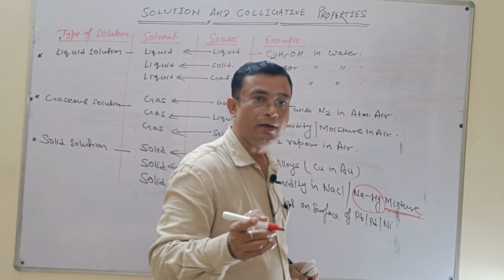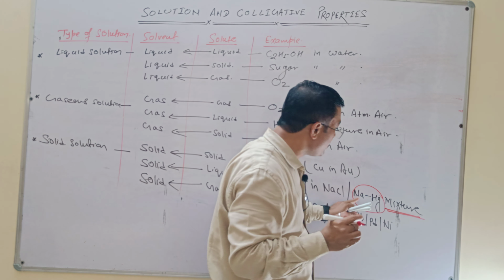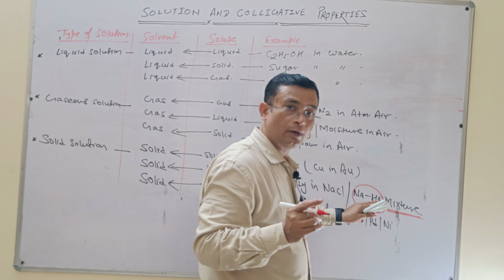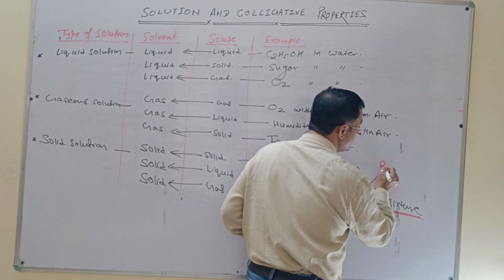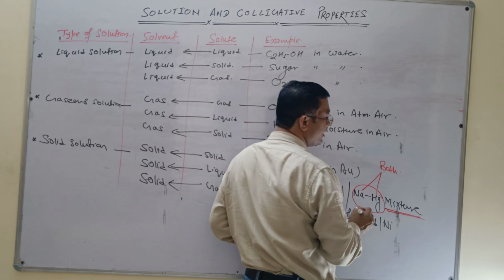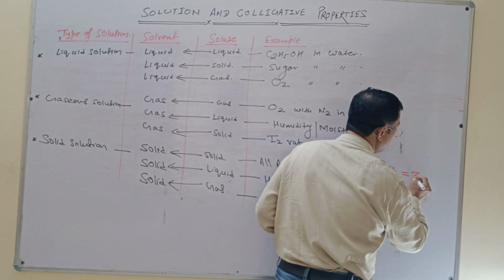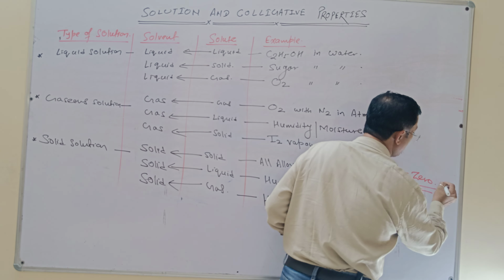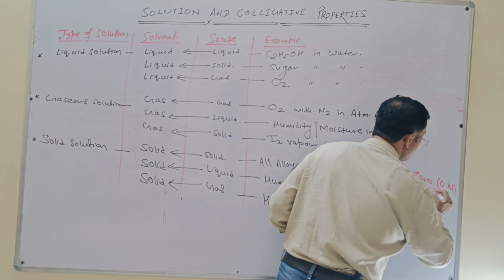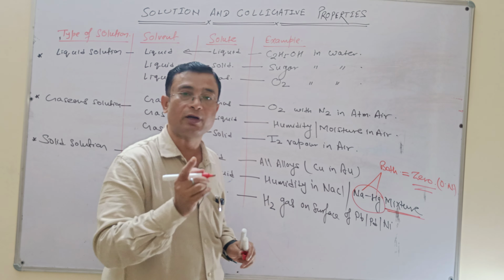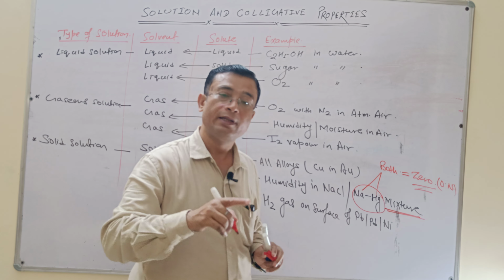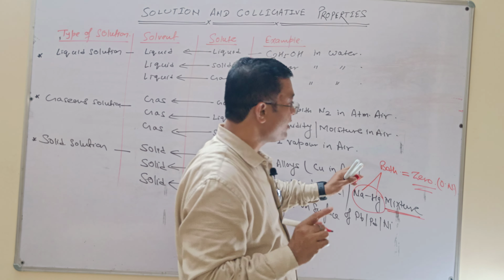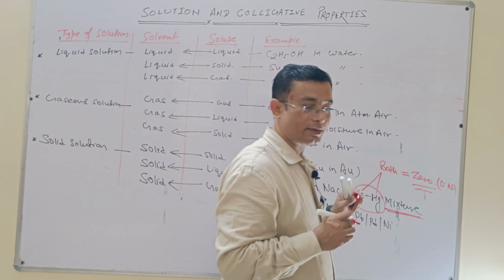This is a solution. There is no chemical bond present between the sodium and mercury. Therefore, the oxidation state of both substances will be zero. Why? Because there is no chemical bond between the sodium and mercury. They are only a mixture, not one compound. So this is a very important concept.